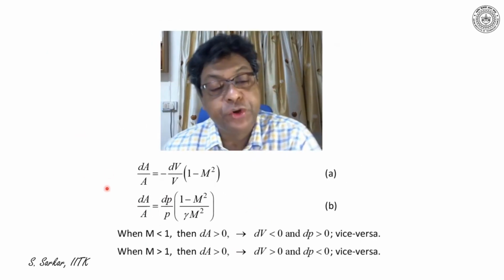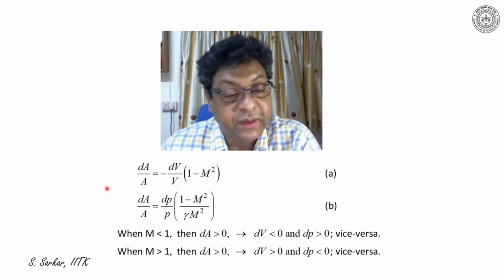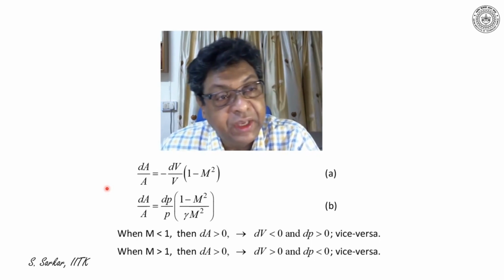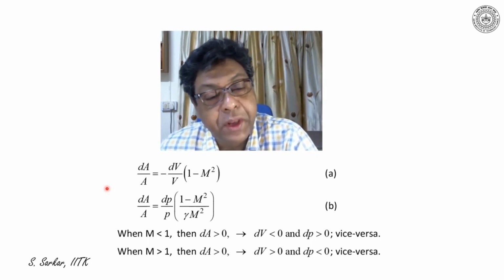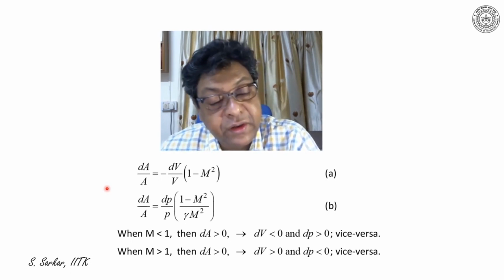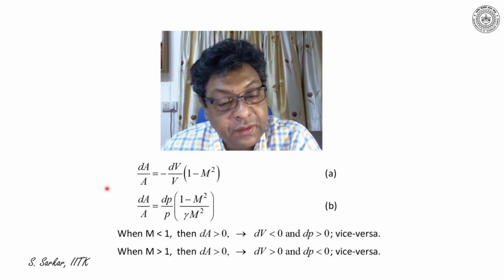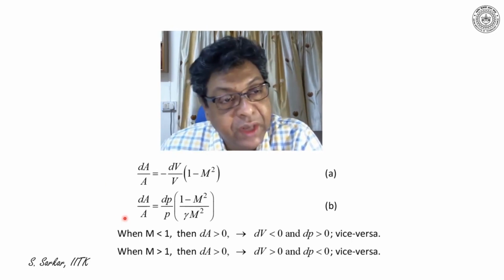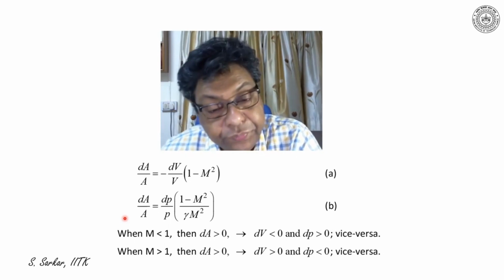I have derived these two equations, that is dA by A is equal to minus dV by V within bracket 1 minus M squared, and dA by A is equal to dP by P within the bracket 1 minus M squared divided by gamma into M squared.